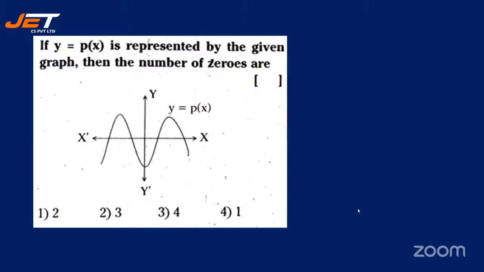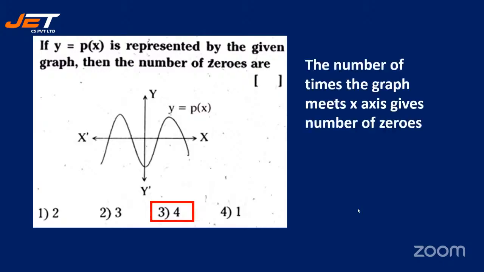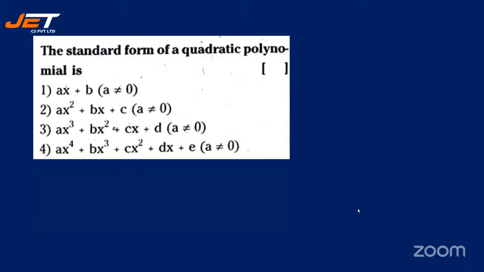All right, so the number of zeros is 4, because of where the curve meets the x-axis. The number of times the graph meets the x-axis gives the number of zeros. You can see the red highlighted points.